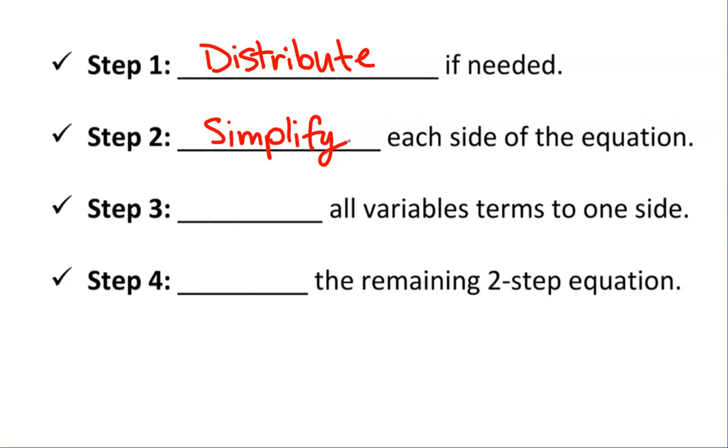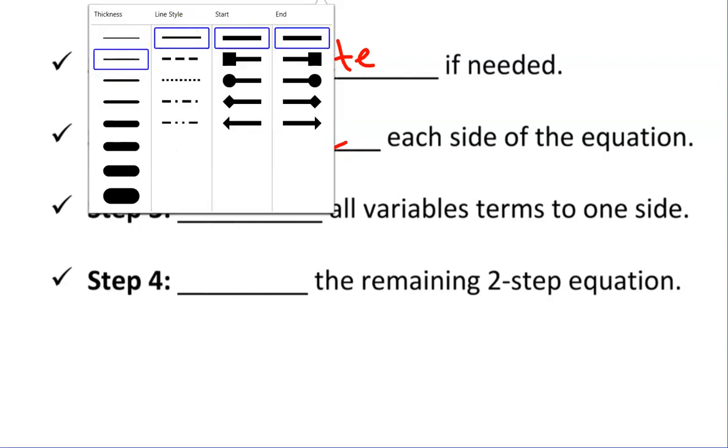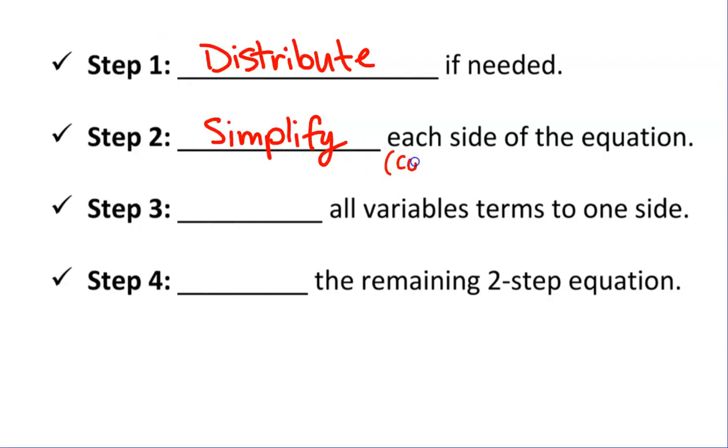That's the same thing as saying combine like terms, so combine like terms on each side. Then you're going to move all your variables over to one side. And then you're going to solve the remaining 2-step equation. So let's see an example.